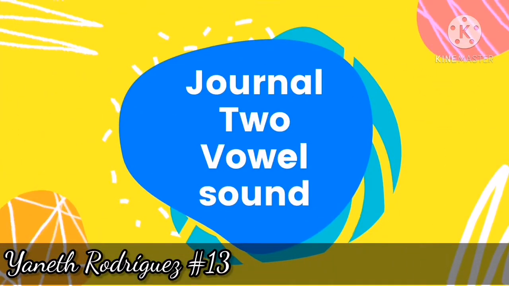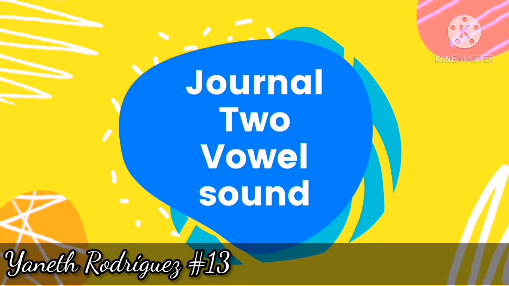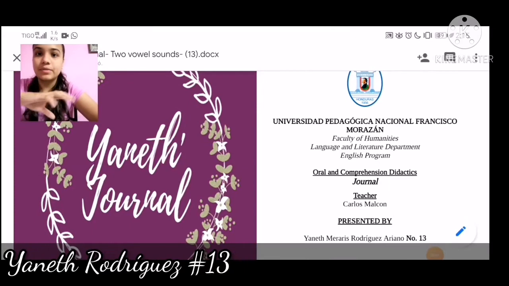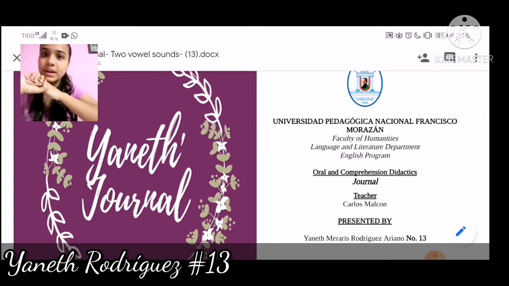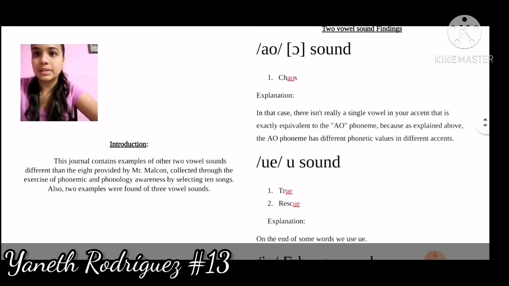So now I'm going to talk about the journal. And here I have the journal for the two vowel sounds, and here I identify other sounds. For example, the sound oh, as in cows.